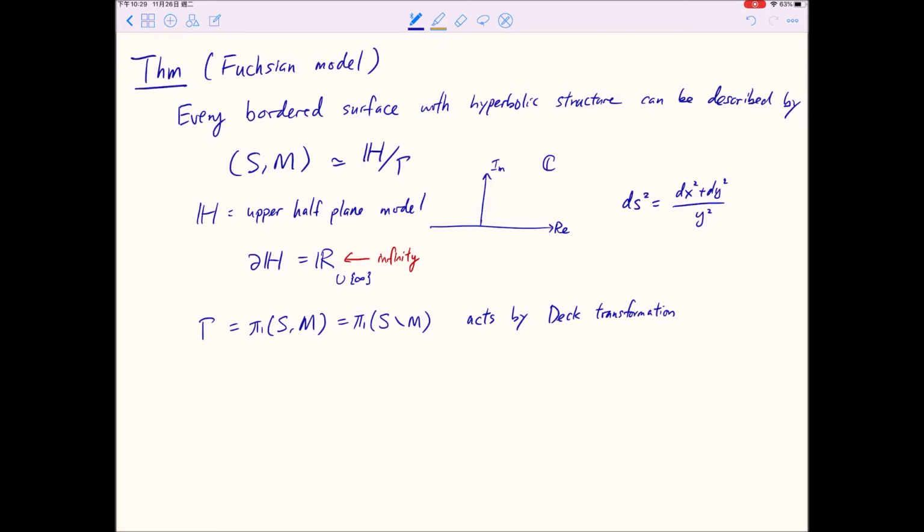And it turns out that this can be realized as a Möbius transformation. So Möbius transformations are transformations on the upper half plane of this form, where the a, b, c, d belong to PSL2R.